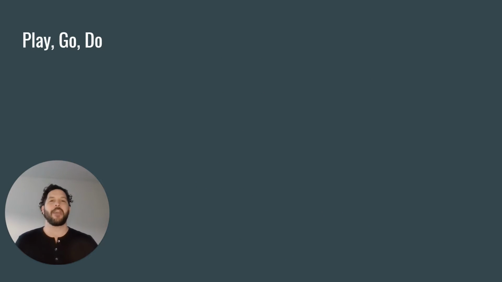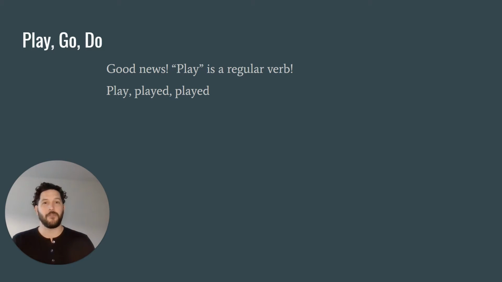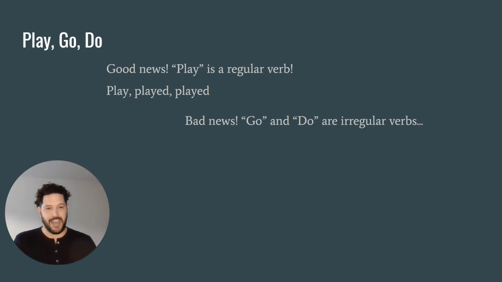So here we are, we have play, go, and do. And these words are very similar, but we use them for different stuff, okay? So the good news is play is a regular verb. So we get play, played, played. Done. Cool. All right. The bad news is that go and do are irregular verbs. I will say this though, go and do are used so much in English that you want to know how these verbs work, okay?